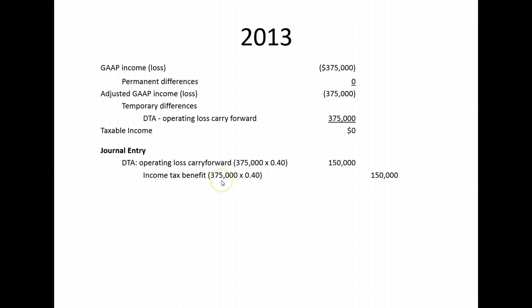We normally don't have negative expenses showing up on the GAAP income statement, and so instead what we have is an income tax benefit. Notice here that there is no current income tax payable. Income tax payable is 0. 0 taxable income times the tax rate is still 0. So we don't have any income tax payable in the current year.